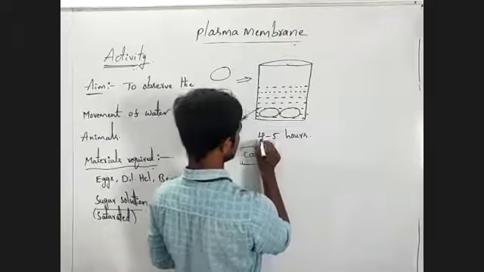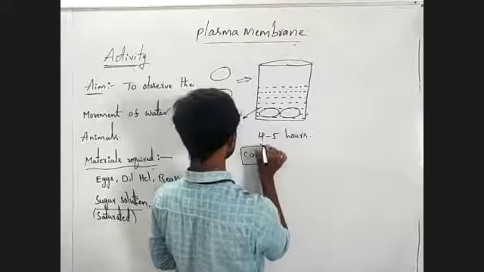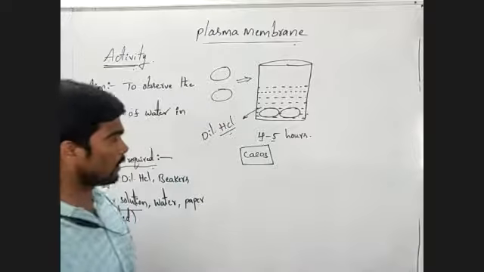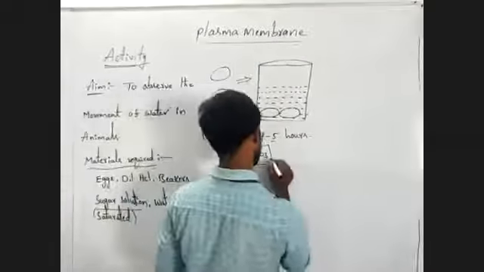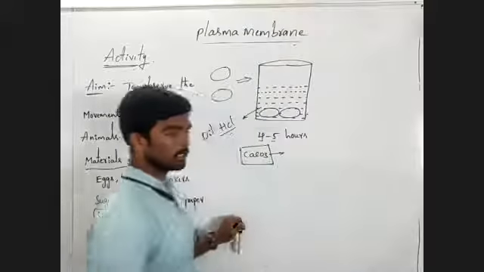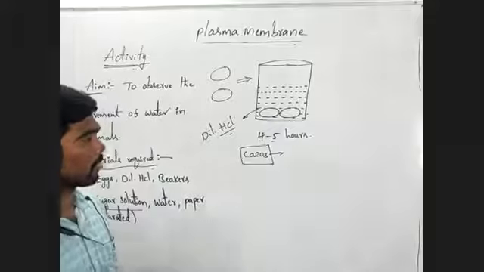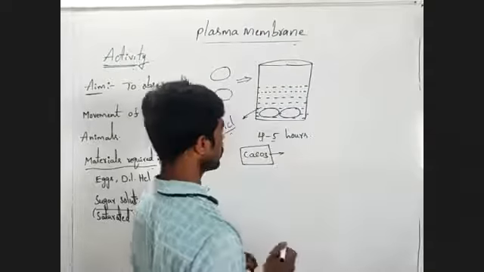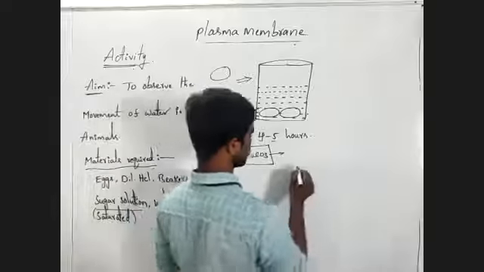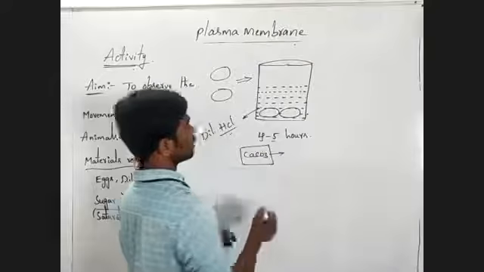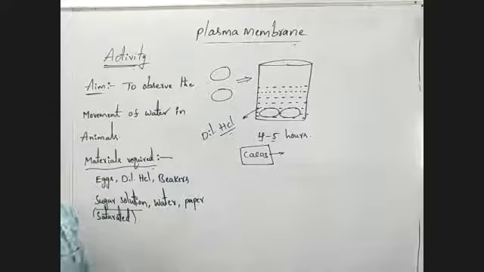When we place the eggs in dilute HCl for 4 to 5 hours, the calcium carbonate is dissociated and removed from the egg.